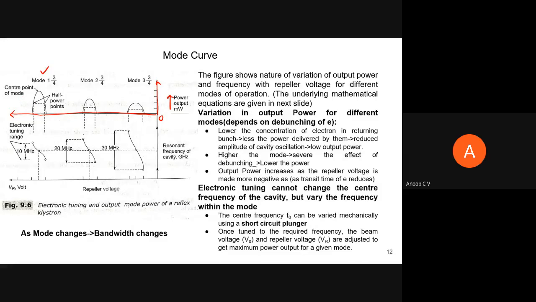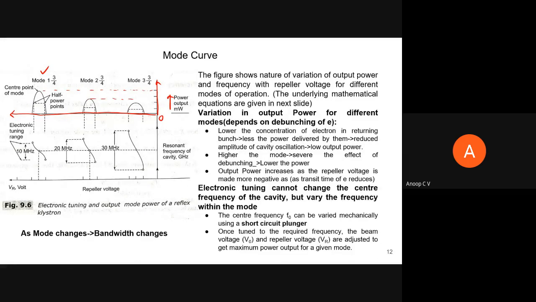For that, you can see the power is the most. Most power can be delivered by setting the reflex klystron in the lower order mode, mode 1 3/4. And when you further decrease the repeller voltage, decrease in the sense of decreasing the negative value, you will get the next mode, mode 2 3/4.